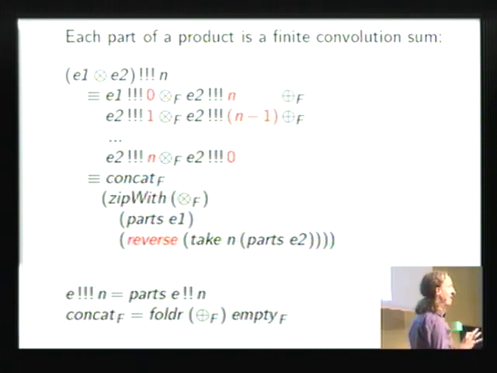Yeah, so before we define product, it helps to consider how we know that each part of a product is finite. And one answer is that there's a finite number of ways to divide size between the components of a pair. And each such division of size is just a finite product.